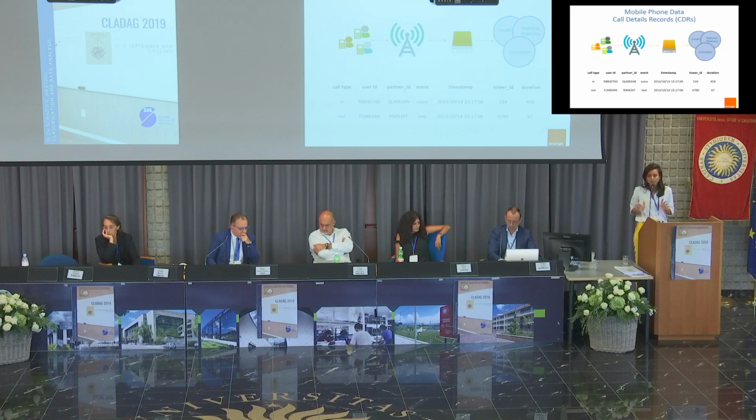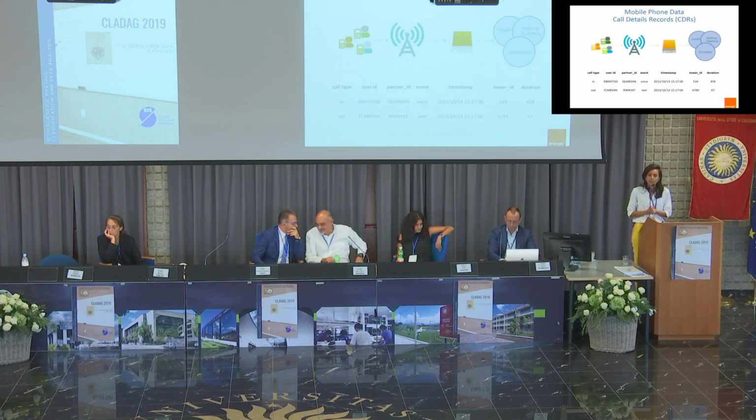Let's say we don't have any information about the content of the conversation and the SMS, but we know, for example, the identifier of the two parties, some information about the timestamp, and most importantly also the location of the antenna which is handling the communication.